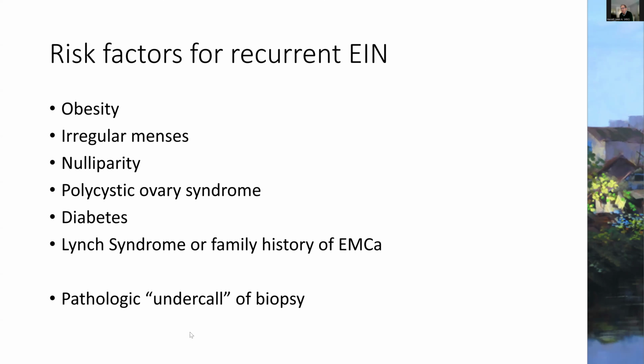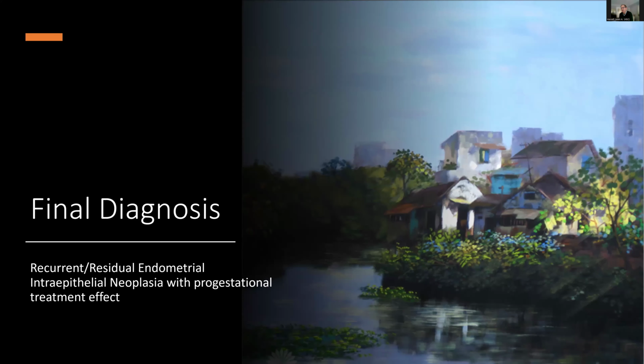I don't think it was this last one, however. So in summary, our sign-out diagnosis in this case was that of residual or recurrent endometrial intraepithelial neoplasia with a pronounced progestational treatment effect consistent with the intrauterine Mirena IUD.